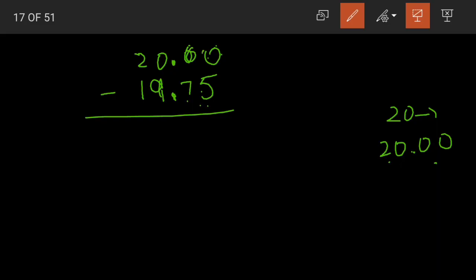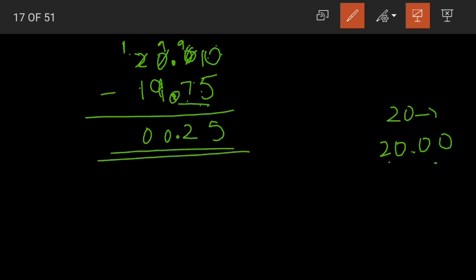Yes, children, this will become 10, 9, 9 and 2 becomes 2 minus 1, 1. Now we can subtract. 10 minus 5, 5. 9 minus 7, 2. 9 minus 9, 0. 1 minus 1, 0. And where to keep the point here? After 2 digits, we'll keep the point.